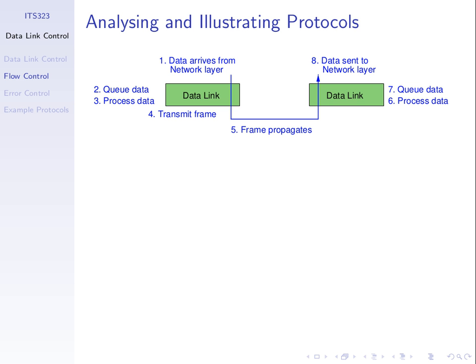We can think that the signals representing that frame propagate across the link, are received. The signals are received and the frame is received by eventually the data link layer here. It's processed, potentially queued, and then delivered up to the network layer. And then the network layer goes to work, which may be similar.